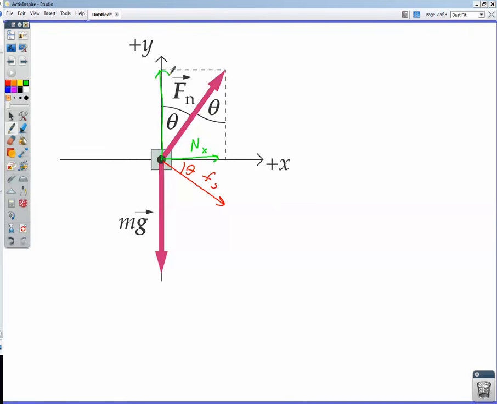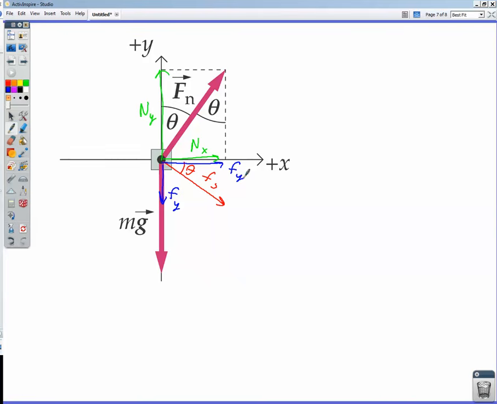We have the y component of the normal force, we'll call some crazy thing. How about Ny? And unfortunately, we also, in this case, have to resolve our friction force into components. We've got the y component of the static friction. Let's just call it Fy, since we only have one frictional force. And we have the x component of the frictional force, Fx.